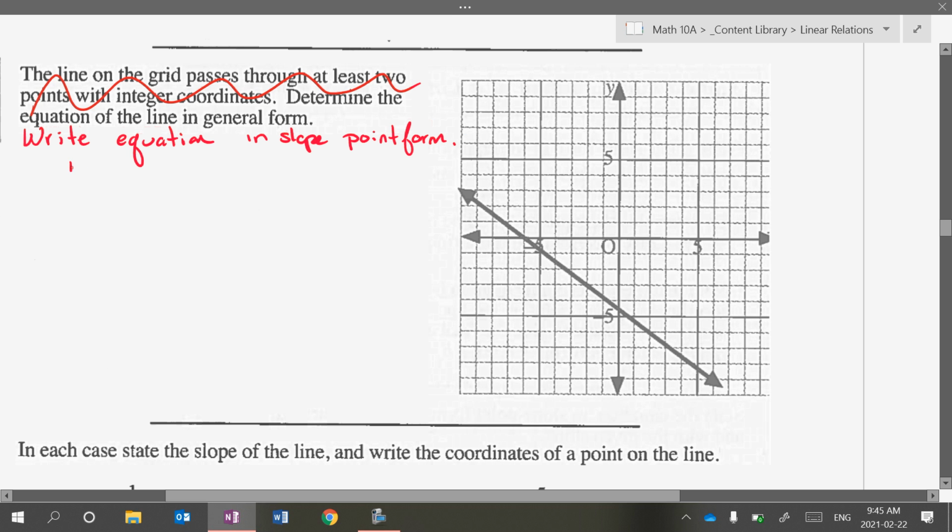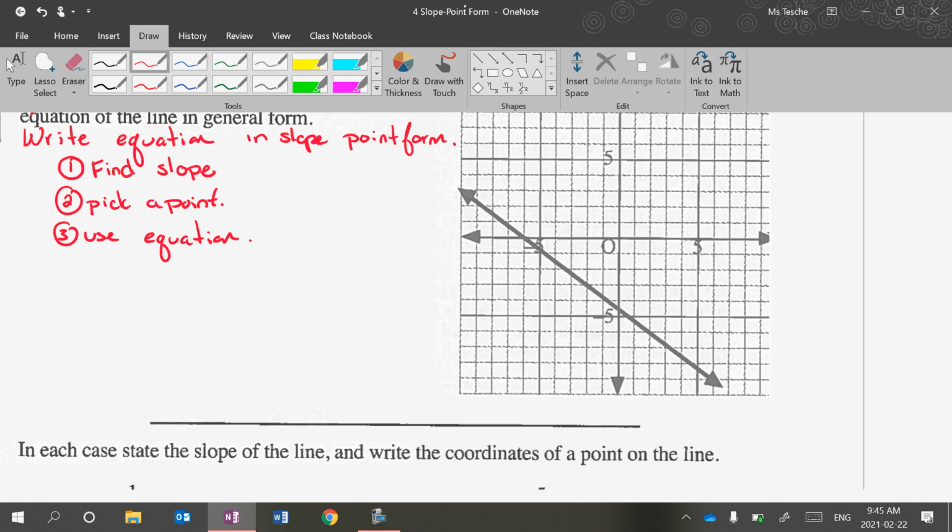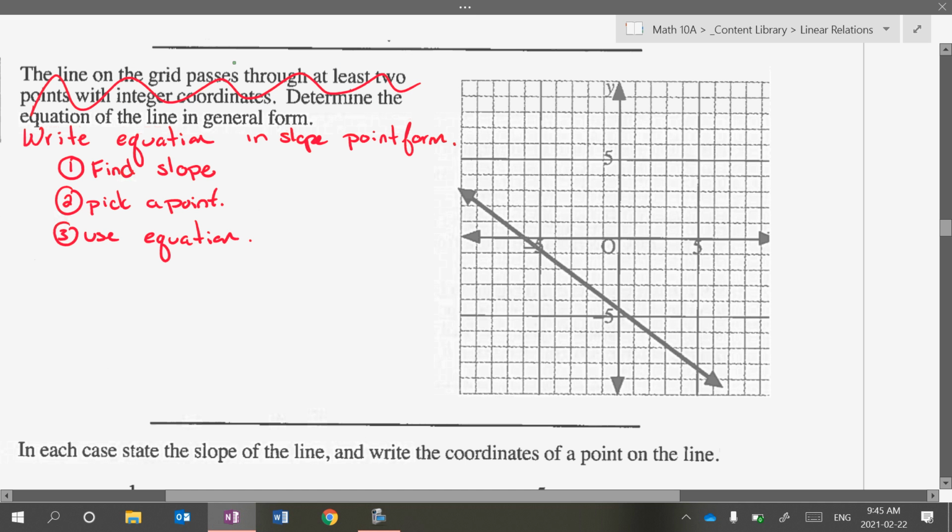So to do so, the first thing you need to do is find your slope. Then you're going to pick a point. So this is the process you would use, and then you'll use your equation. I want you all to find out your slope here. Try and count it out on your own.